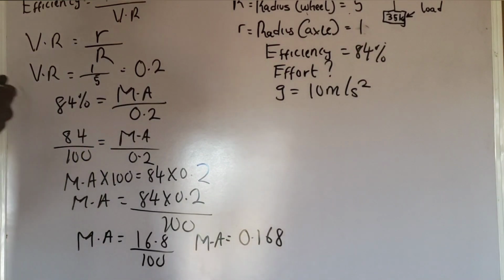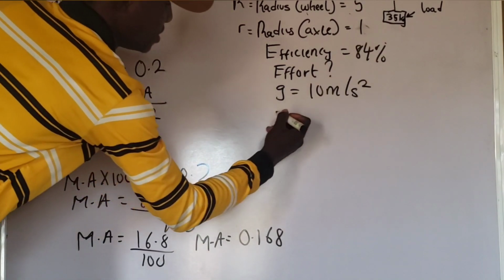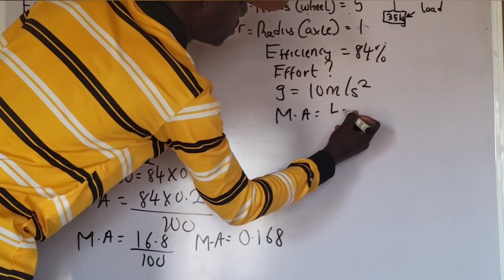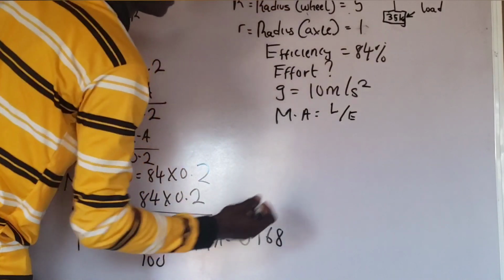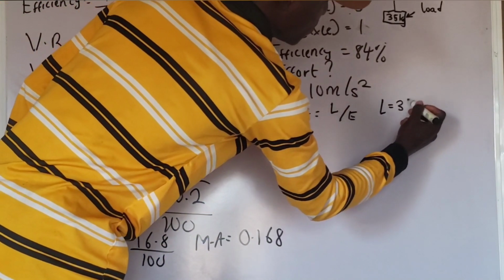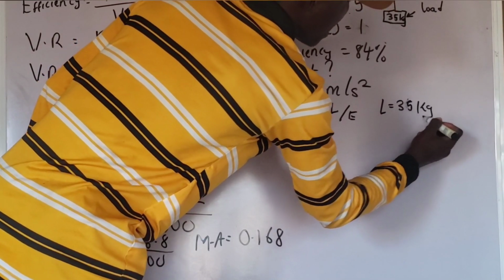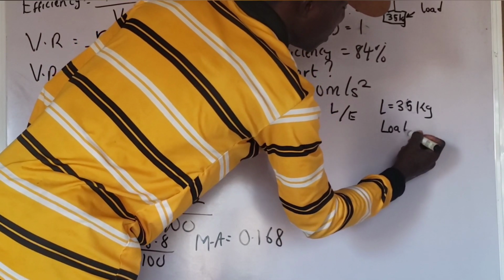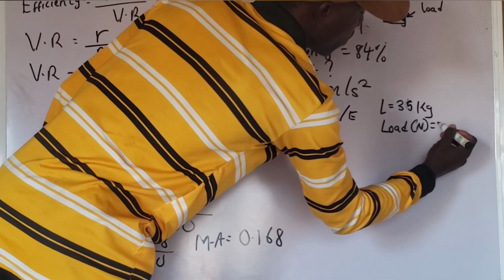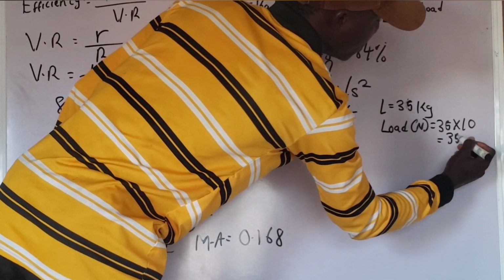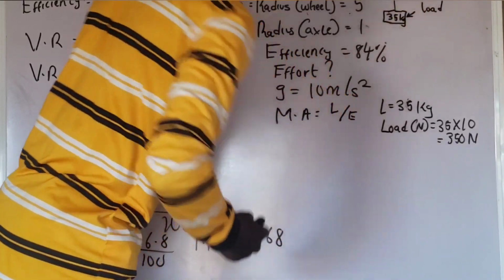Now let us convert the load to Newton: 35 multiplied by 10, that will be 350 Newton.